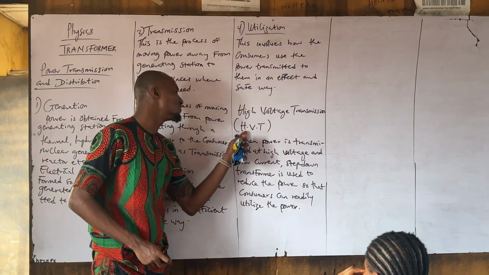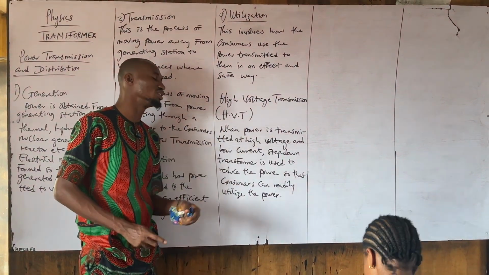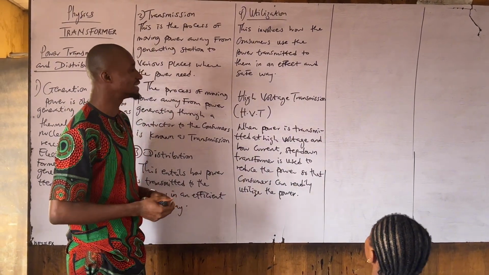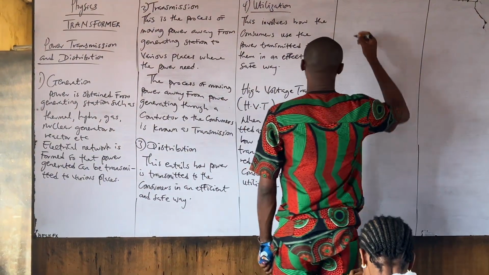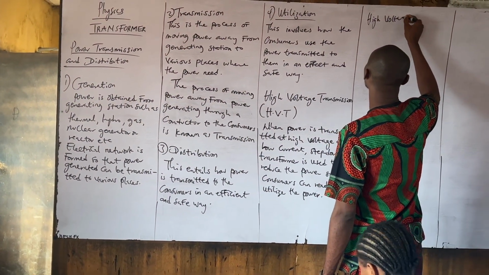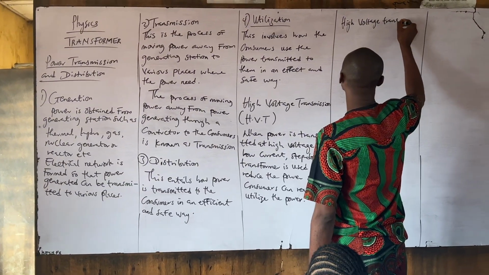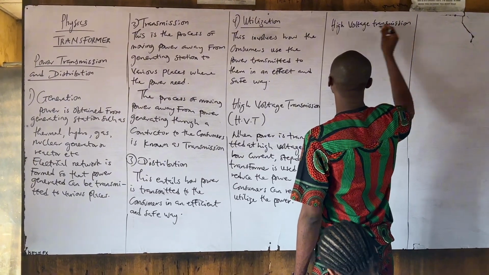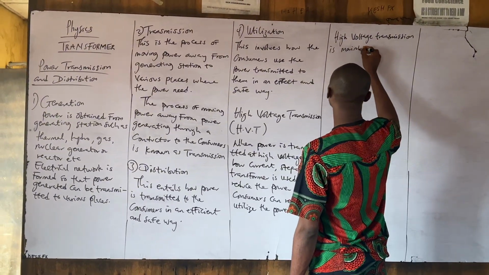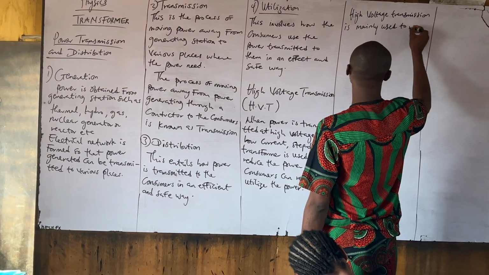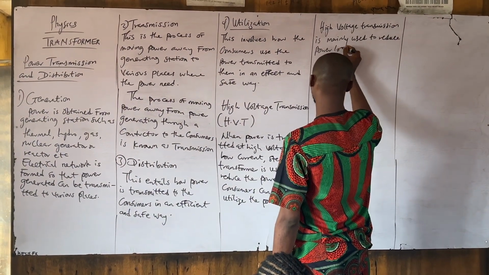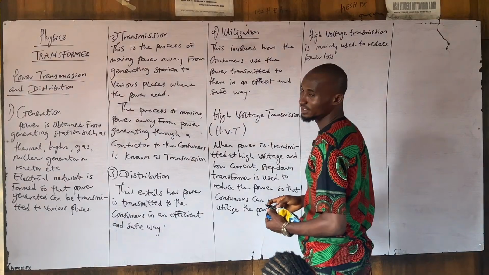But the essence of high voltage transmission is to reduce power loss. So the main key point here is that high voltage transmission is mainly used to reduce power loss. Are you there?